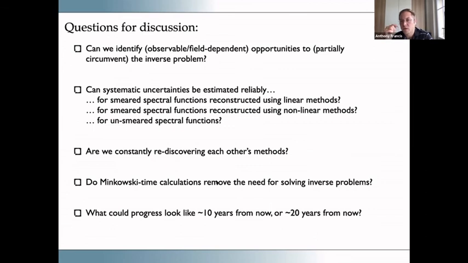But when you do this other thing, what we also call smearing, which Max just mentioned, it's a little bit different, because what you're trying to get is actually the true spectral function convoluted with some function that encapsulates your ignorance of the exact underlying spectrum.